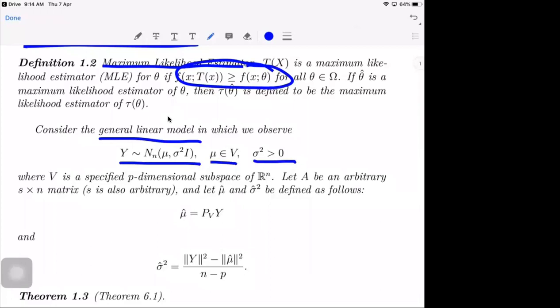And let A be an arbitrary S by N matrix. So S is also arbitrary. The dimension will be arbitrary.